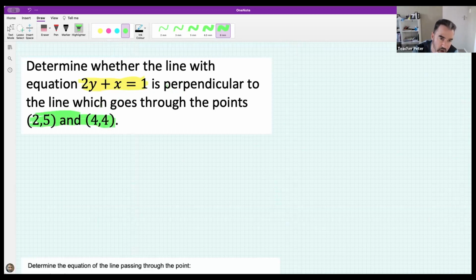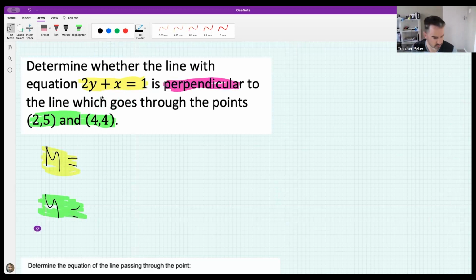Now, this is a little bit harder, but remember, what are they asking? They're asking, are these 2 lines perpendicular? So what do you have to find? You need to find the gradient of the yellow one, and you need to find the gradient of the green. I want you to try and tell me what is the gradient of the yellow and what is the gradient of the green. Over to you guys and girls.